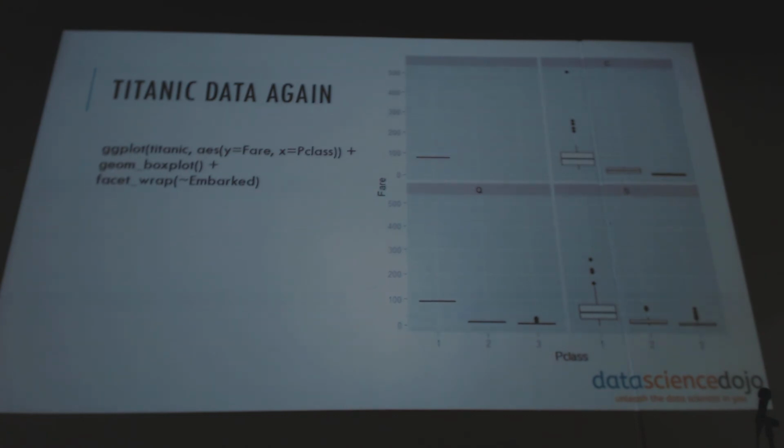Okay, and Titanic data again. So what do we have here? If we look at this, what we are doing here is we have y is fare, right? So this is fare, and x is pclass.